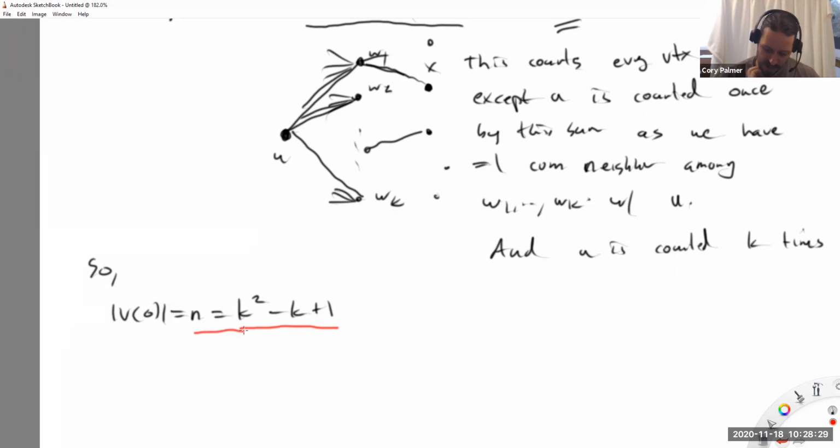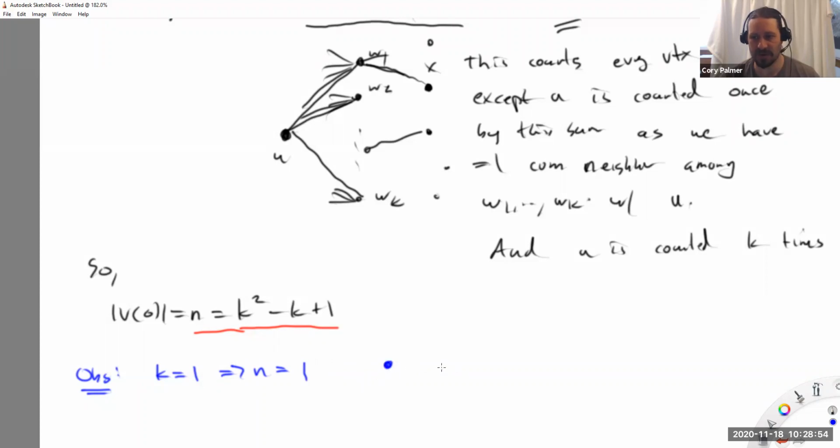All right, so now let's make what seems to be a small observation, which will lead to our contradiction in the second part of the proof. Observe that when K equals 1, then N equals 1, right? So when it's 1-regular, we get the graph of a single vertex.